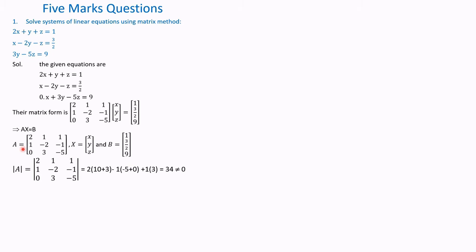So we have to find the value of determinant A. Determinant A is calculated using the rows 2, 1, 1; 1, minus 2, minus 1; 0, 3, minus 5. That is 2 into (minus 2 into minus 5 is plus 10, minus of minus 1 into 3 is plus 3), so 2 into 13, minus 1 into (minus 5), plus 1 into 3.